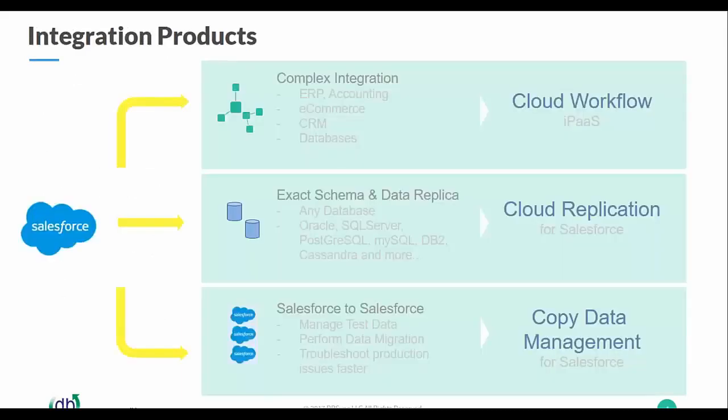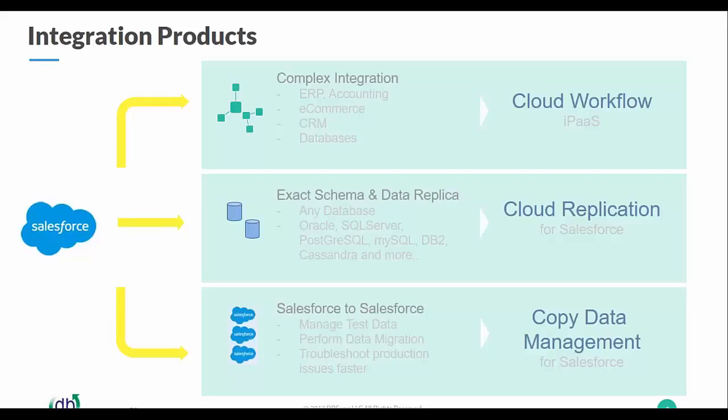So here you go, we have the product line here on the slide. The first one is Cloud Workflow, which is pretty much the most used and the most implemented. Cloud Workflow is our iPaaS, primarily used for integration purposes for your CRM, accounting applications, ERPs, or even databases for that matter.